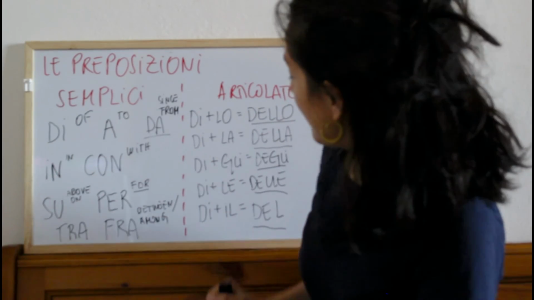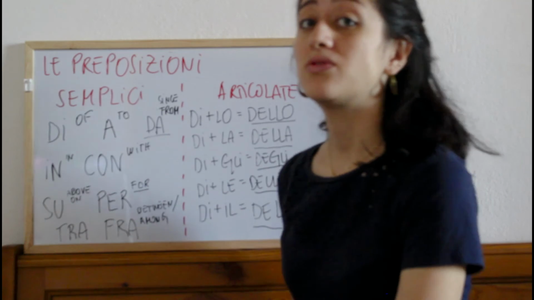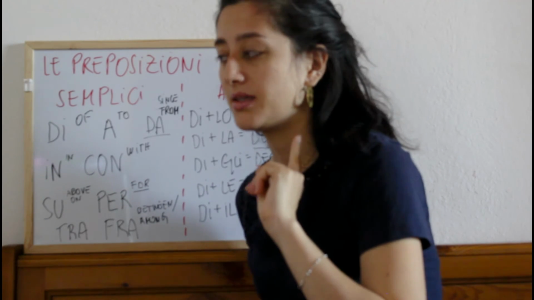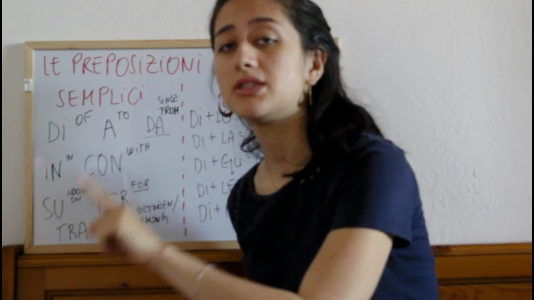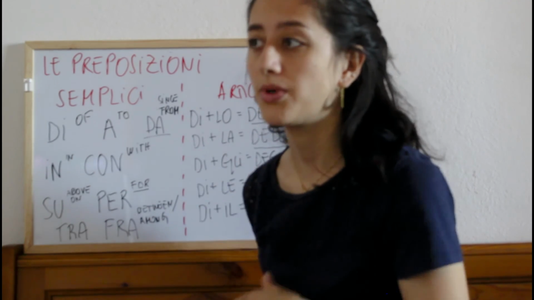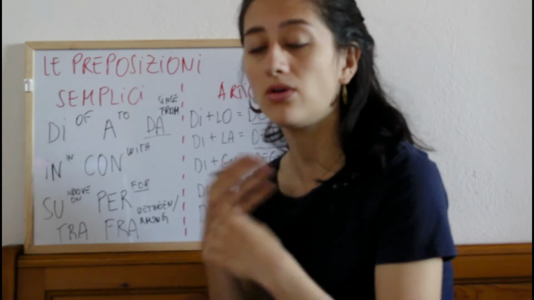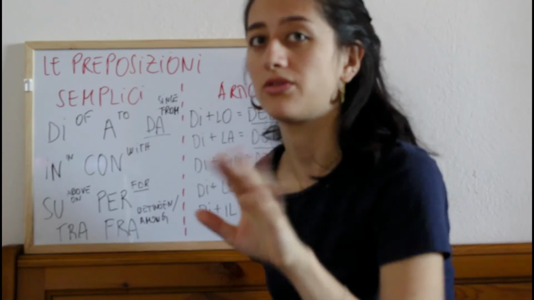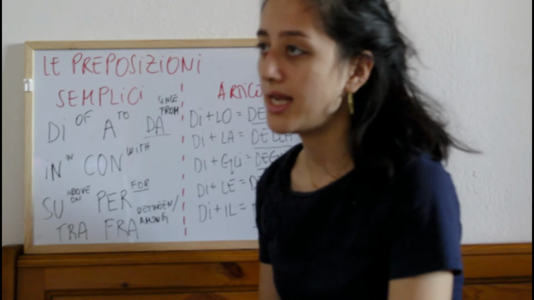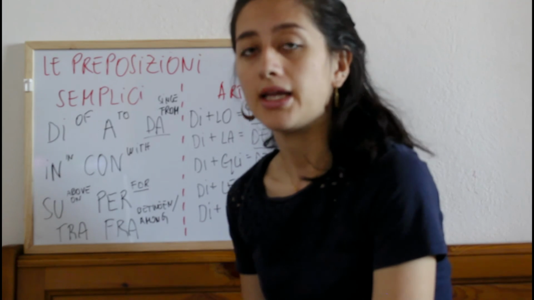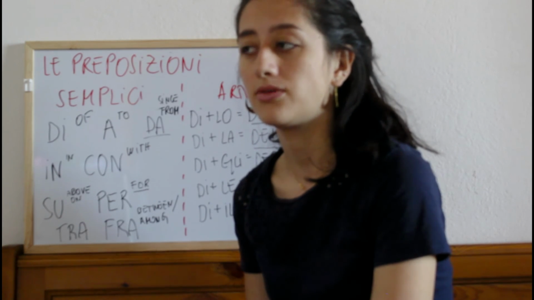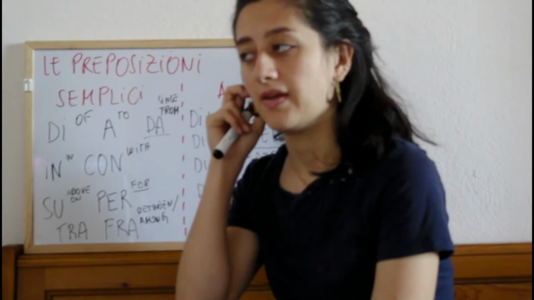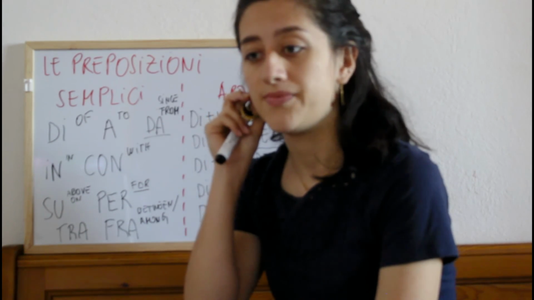Okay? And we use del with the same words with which we use il. So with all the other words starting with all the other consonants or vowels. So for example, del pane, del which means bread, some bread, del tavolo.